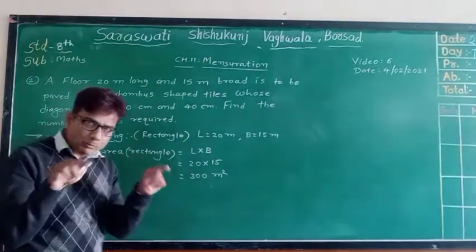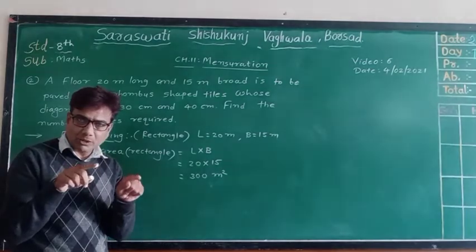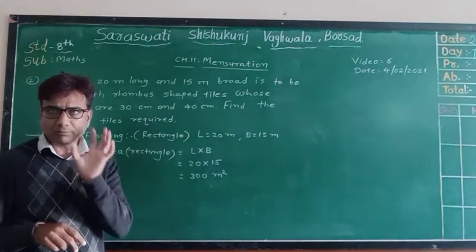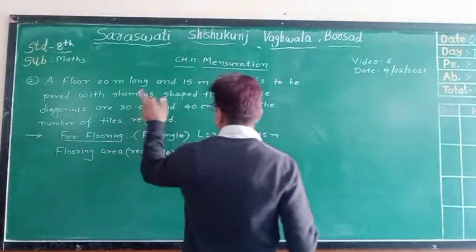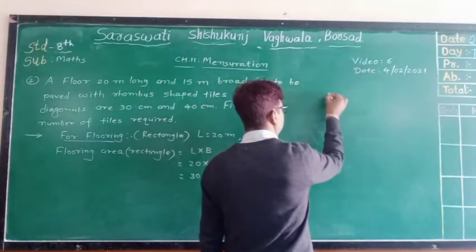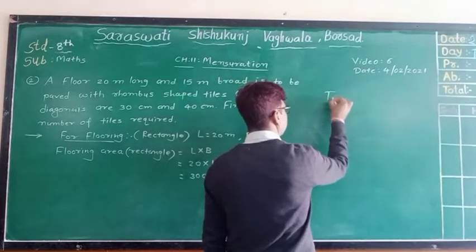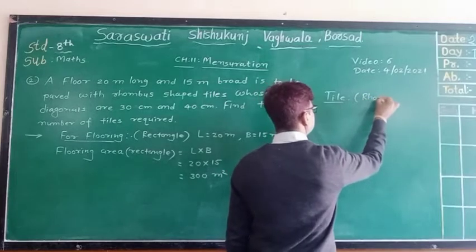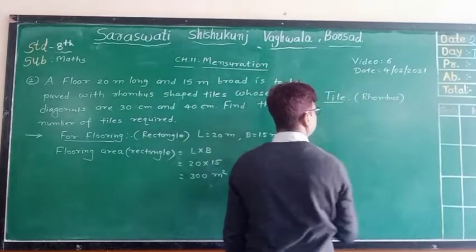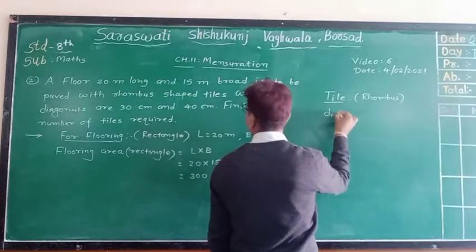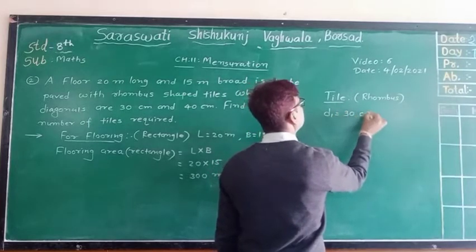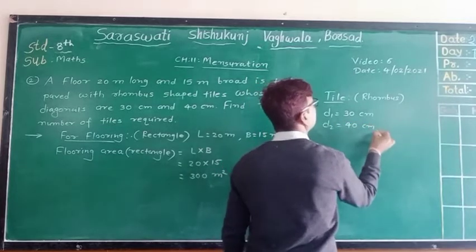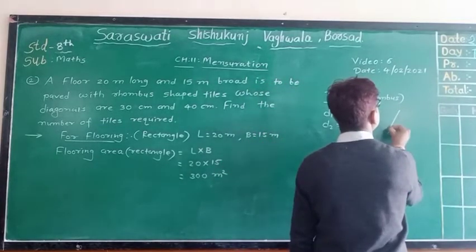Now, one tile's measurement. First we will find one tile's area, and the tile is in the shape of a rhombus. So here, a tile means a rhombus. The diagonal measurement given is 30 cm and the second diagonal measurement is 40 cm. You know this rhombus, see this rhombus, right?